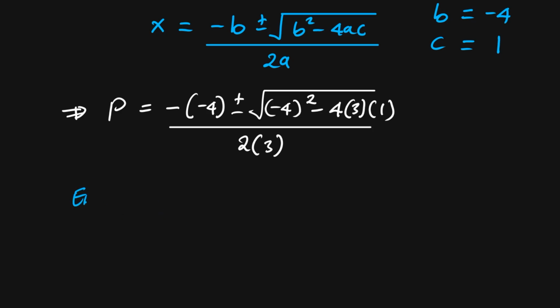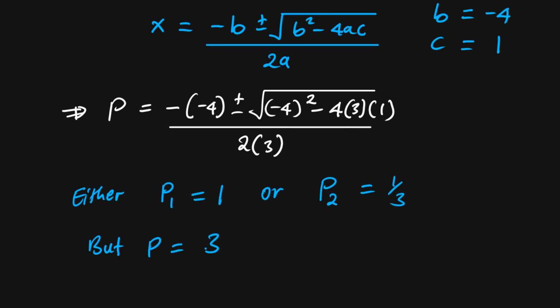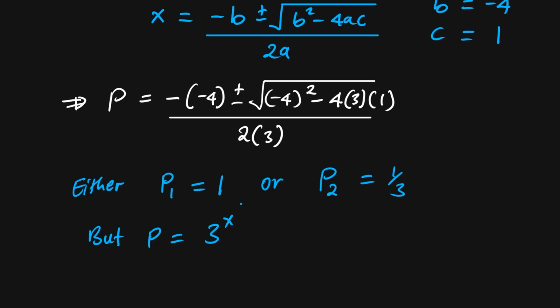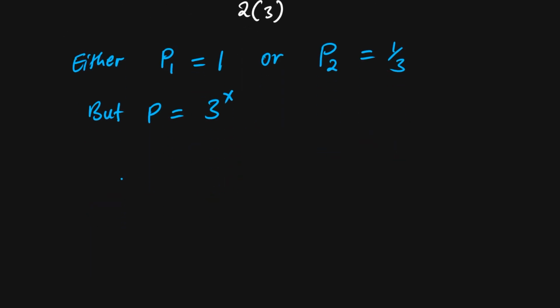So either p, which is p1, equals 1, or p, which is p2, equals a third. For this problem, we are required to find the values of x, not p. But we did let p equal 3^x. So let's use this relationship to obtain the values of x.